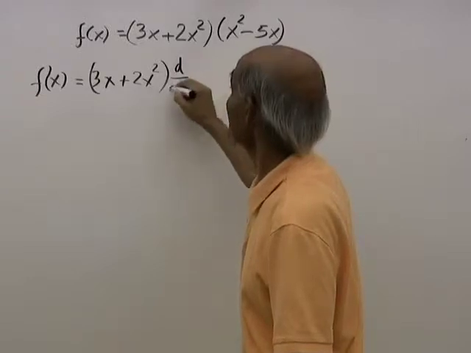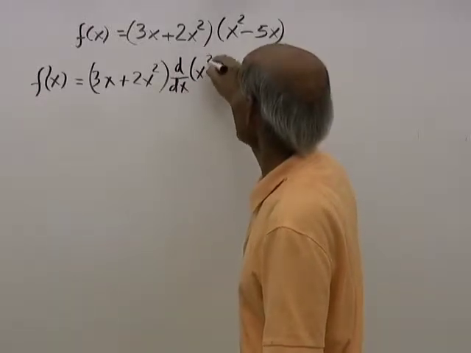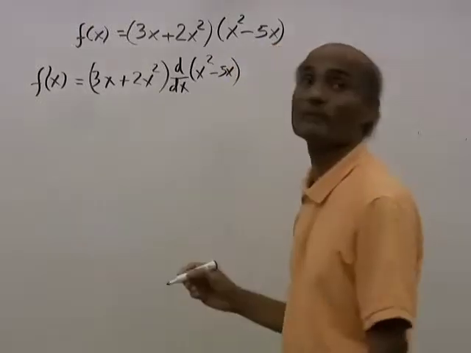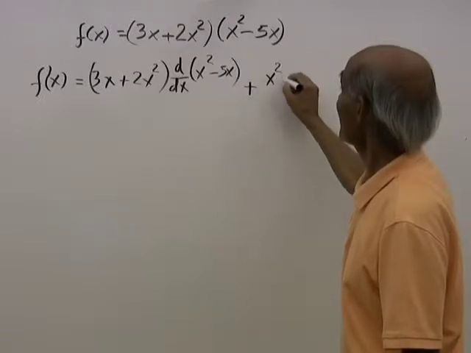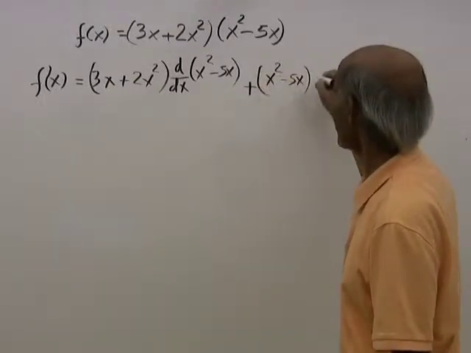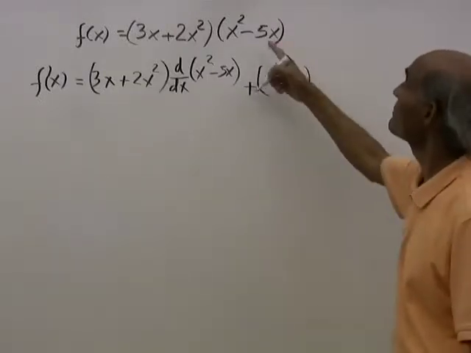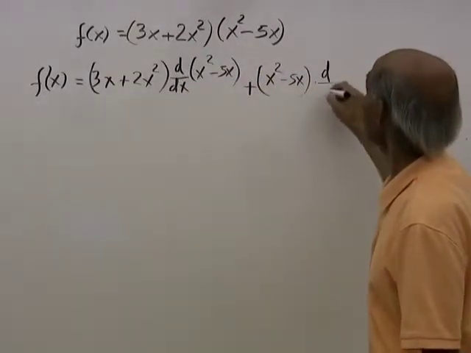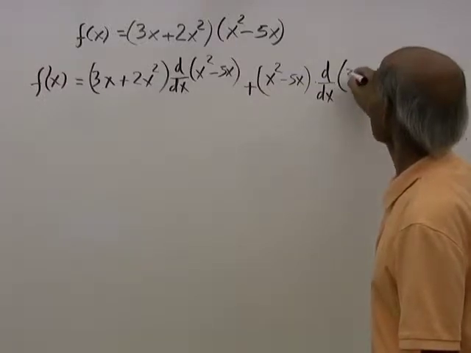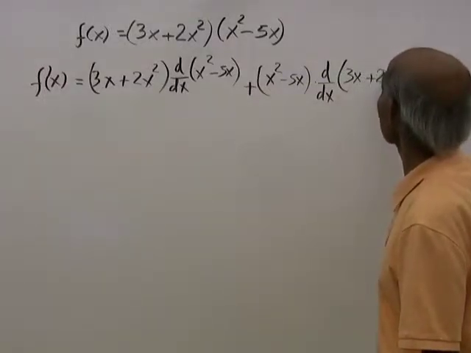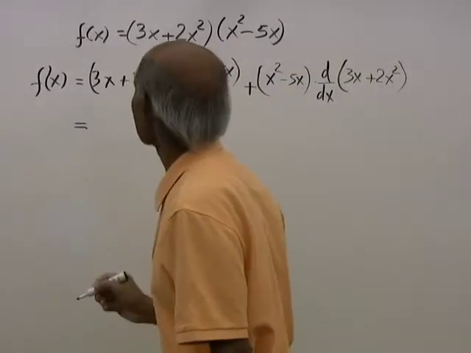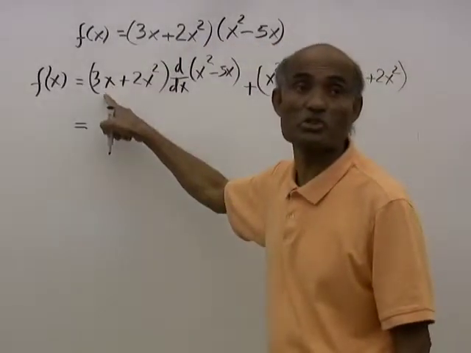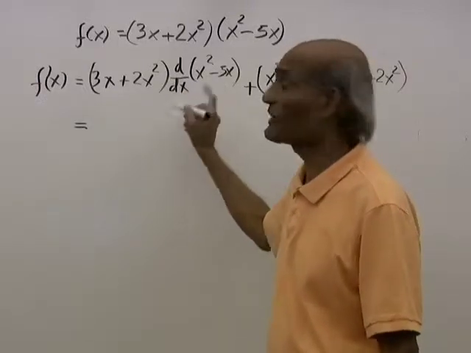So let's write that way. d by dx of x squared minus 5x plus the second function, which is x squared minus 5x times the derivative of the first function, d by dx of 3x plus 2x squared. Okay, let's now go to the next step. That will be, there will be no change here. We will find the derivative of the second function.